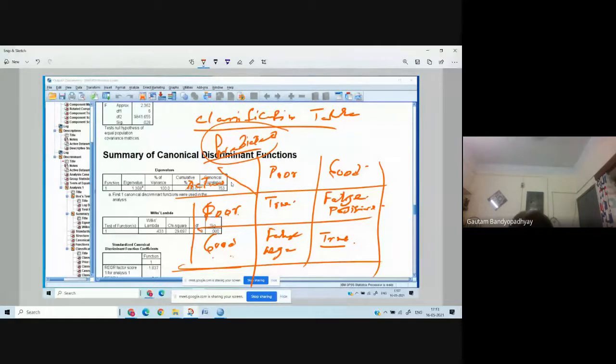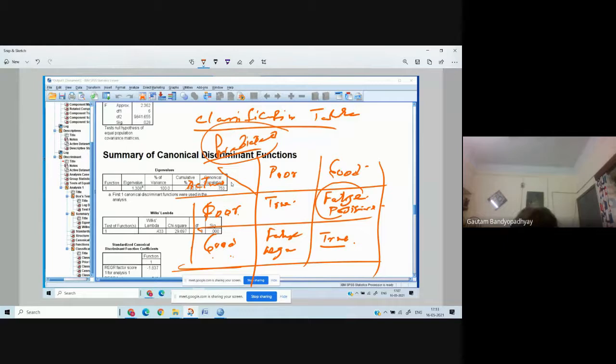That is the type 1 error and type 2 error, which you know. This is also the objective of any classification problem: how to minimize type 1 error or type 2 error. If we minimize type 1 error, the other part will automatically be adjusted.